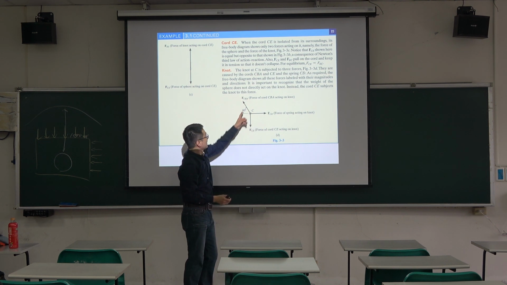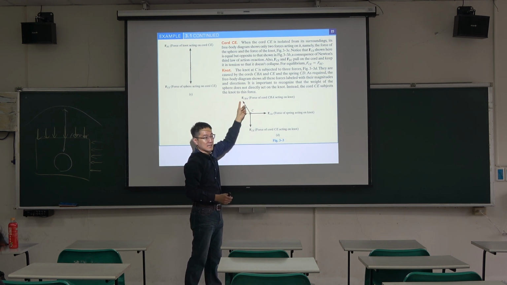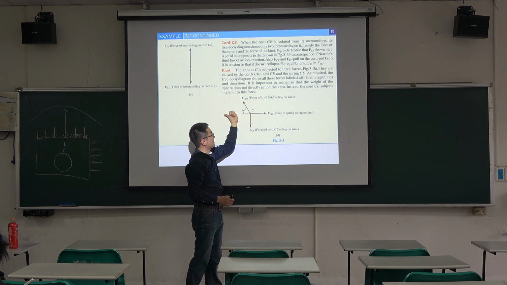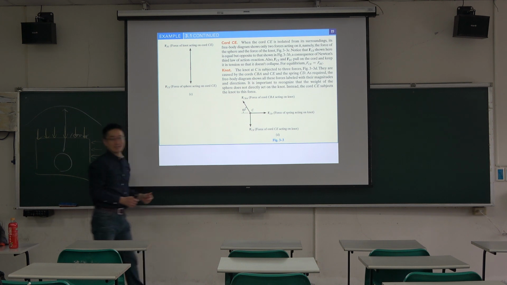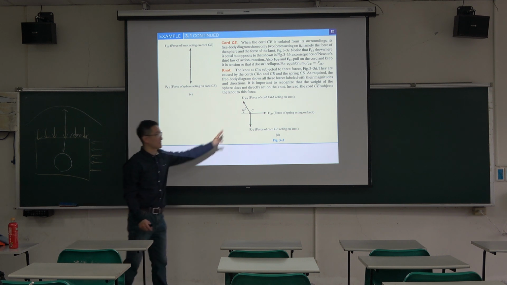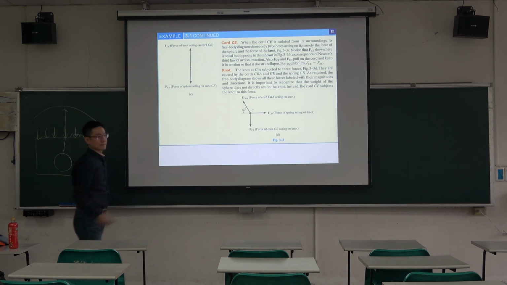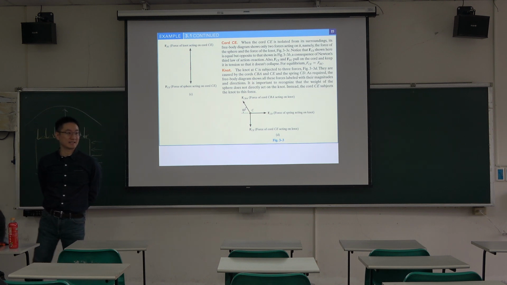The reason is, if we find the horizontal and vertical components, this tensile force will have a horizontal component in this direction and a vertical component in this direction. So to cancel the horizontal one, this spring must be in this direction. Can you catch this point? In order to balance this joint. Clear?